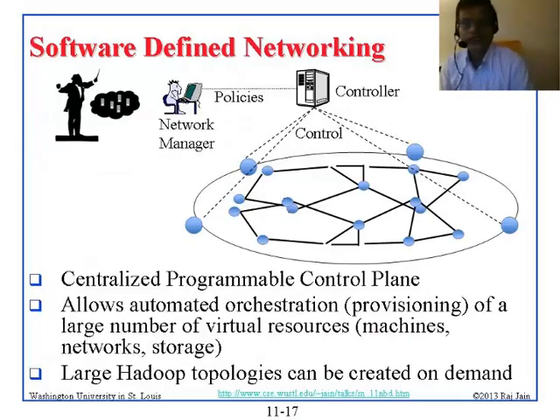Software-defined networking is actually the next module, which we might get into later on. But today, I just want to tell you, because it is also relevant to this whole virtualization stuff, that with software-defined networking, what they did was centralize the control plane. So what is the control plane? Basically, all the routers and the switches have to prepare a forwarding table.